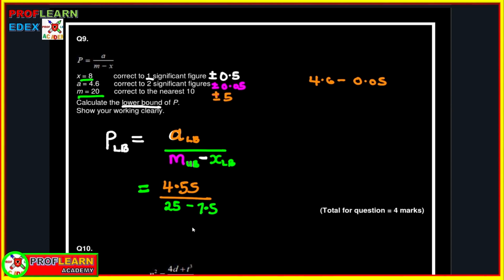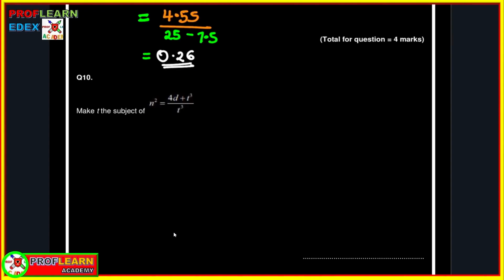That is going to give us 7.5. If you work it out, you are going to get 0.26 as our final answer.